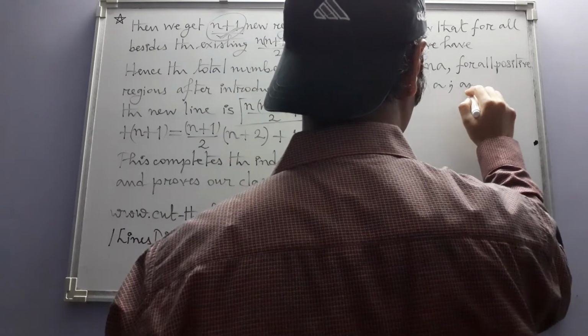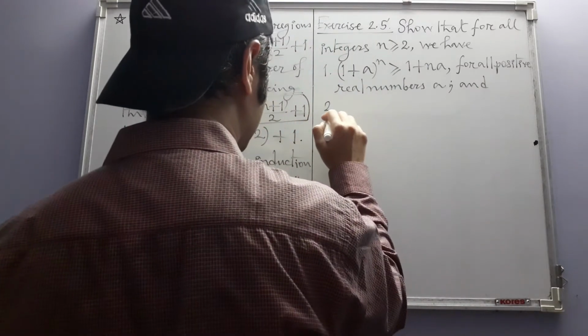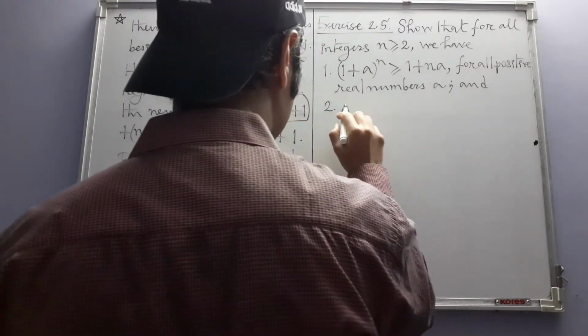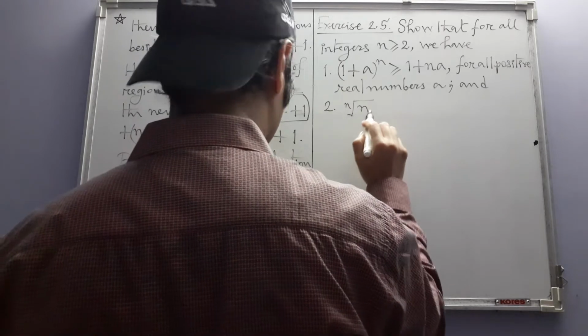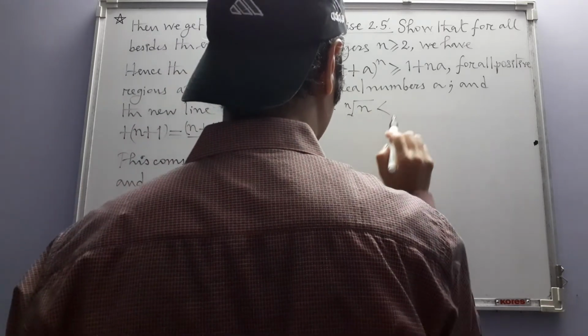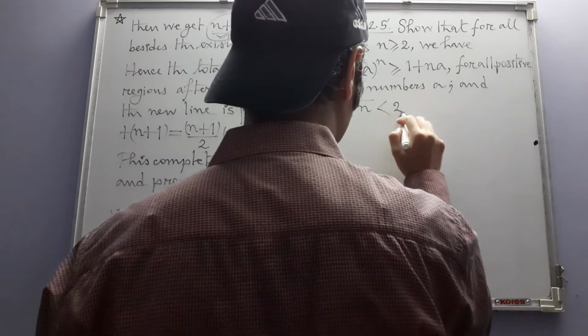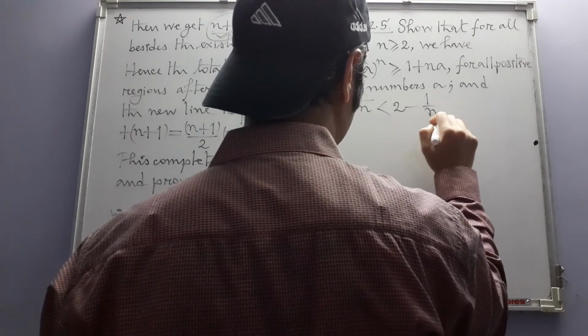And the second part asks us to show this: the nth root of n is strictly less than 2 minus 1 over n.